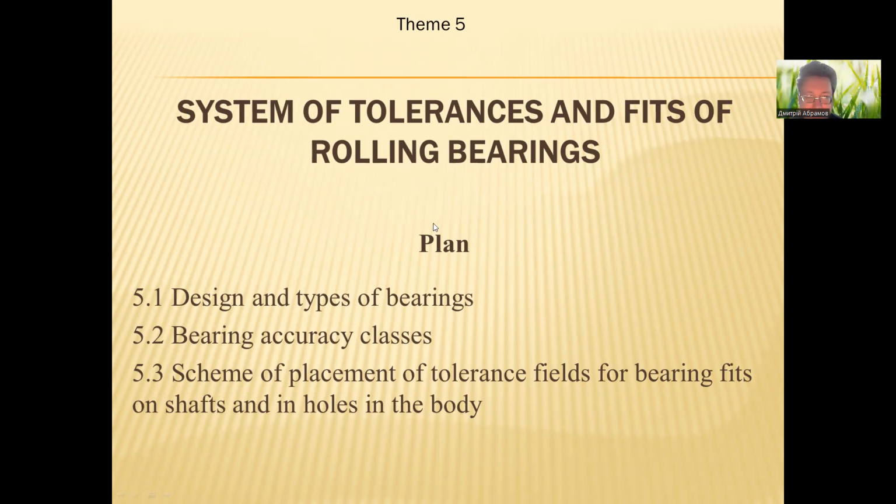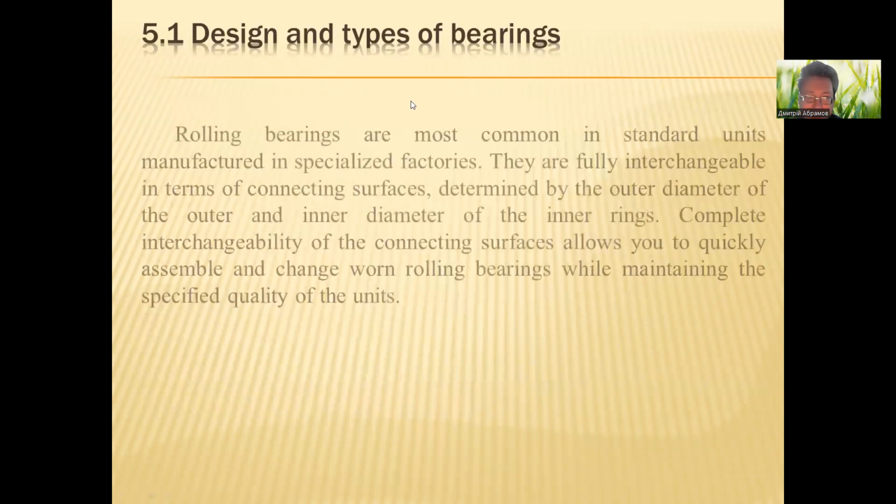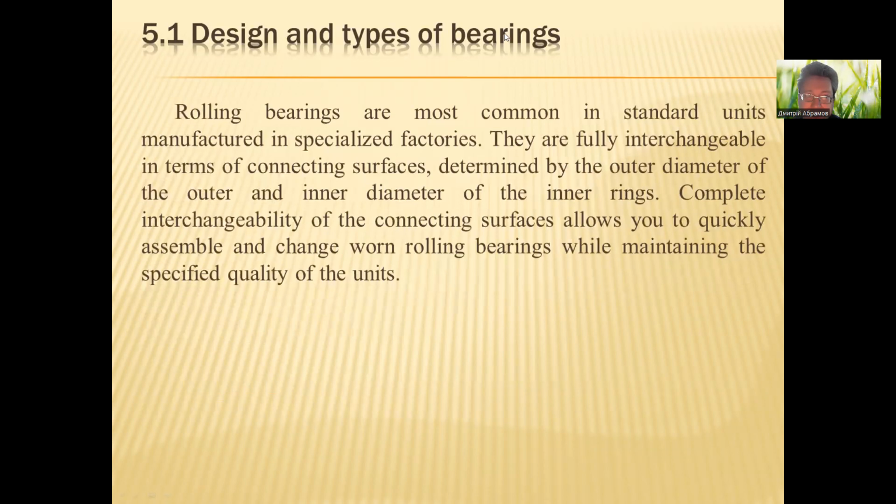And we continue. We start item 5.1, design and types of bearings. Rolling bearings are the most common standard units manufactured in specialized factories. They are fully interchangeable in terms of connecting surfaces determined by the outer diameter of the outer ring and the inner diameter of the inner ring.